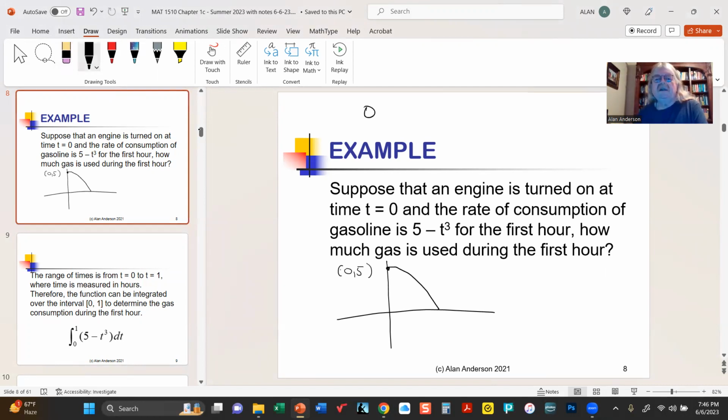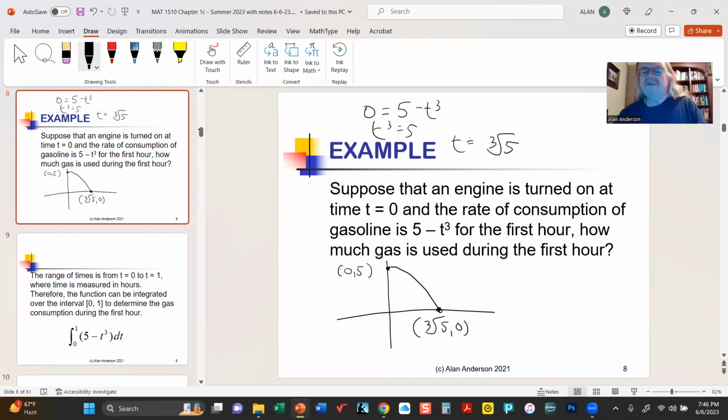If we set this to find the intercept on the horizontal axis, we can just set it up like this, 0, because on the horizontal axis, y is 0. So yeah, this is the point. Cube root of 5.